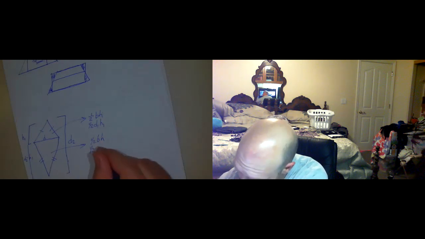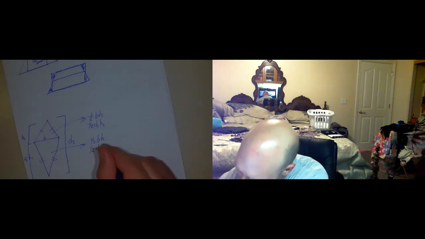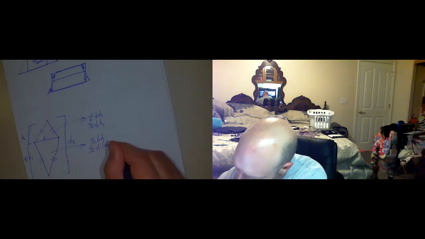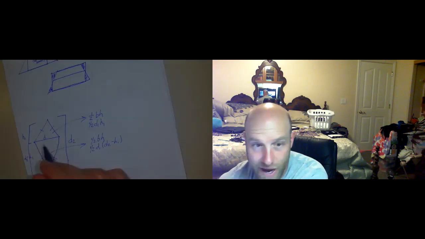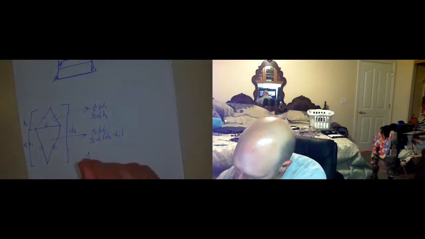It has the same base, just happens to be on top, diagonal 1. And the height is this expression over here, d2 minus h1. So to find the area of the entire kite, I'm going to add these two things together. So the area of my kite is equal to 1/2 diagonal 1 times height 1.